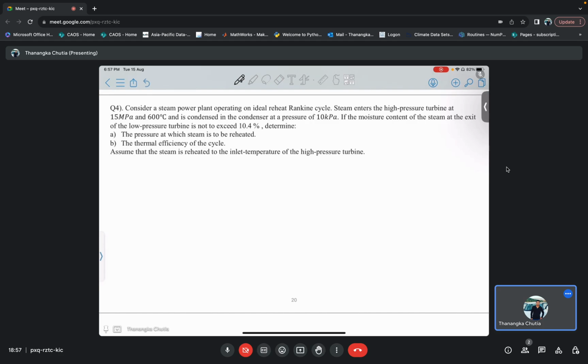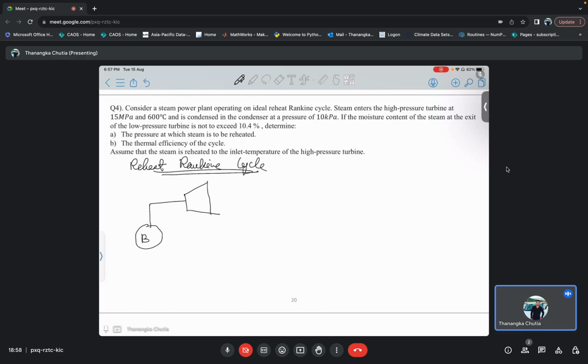Okay, so the reheat Rankine cycle. This was my boiler, suppose, and this is my turbine.